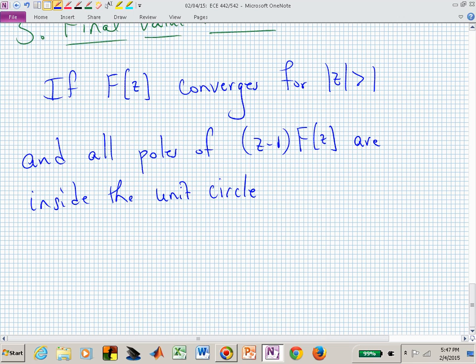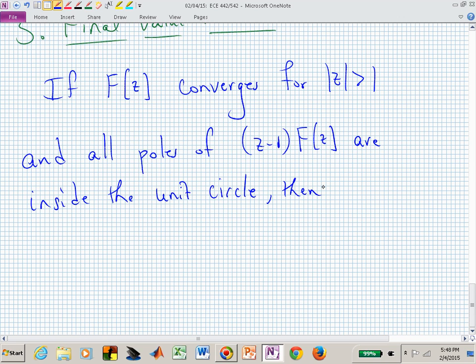You were looking at S times F of S, where F is capital F of S. Here, S equal to 0 at the origin is similar to Z at 1, so this S is getting replaced in a lot of these properties or theorems or relationships with this factor Z minus 1, where you would normally see S. So now we have Z minus 1 times F of Z. We want all of the poles of that expression to be inside the unit circle.